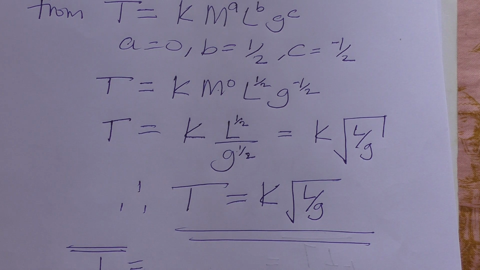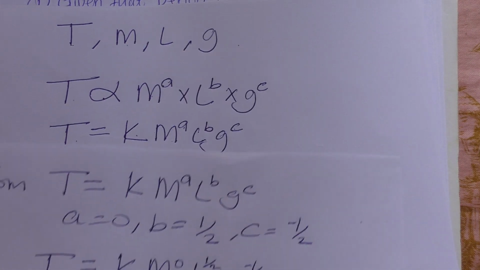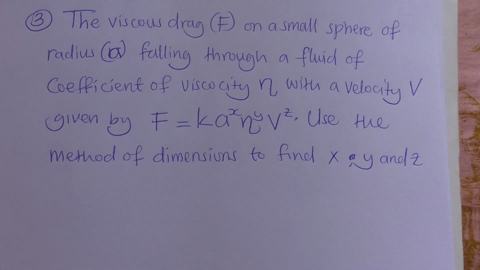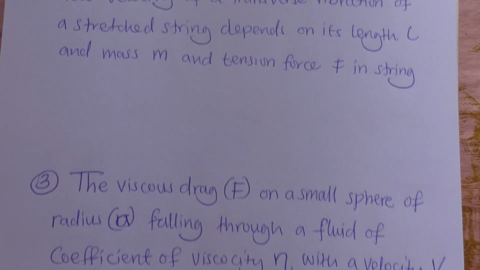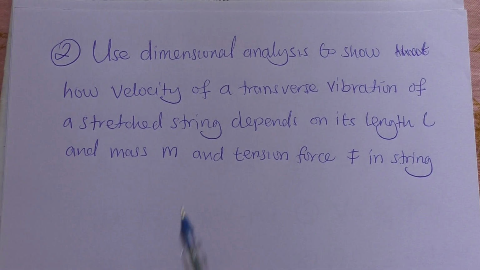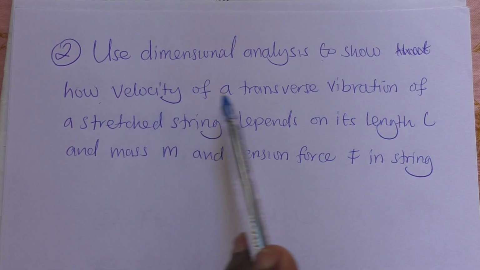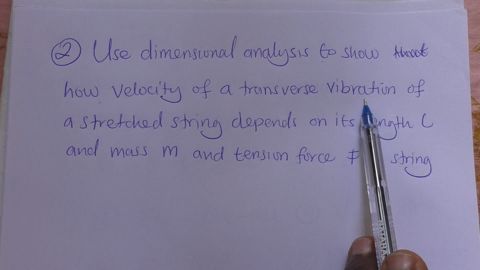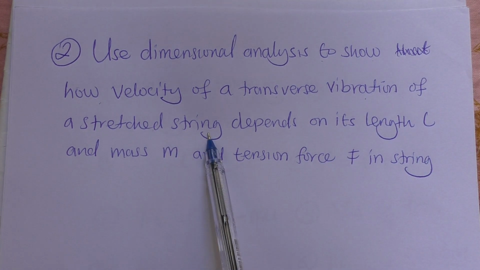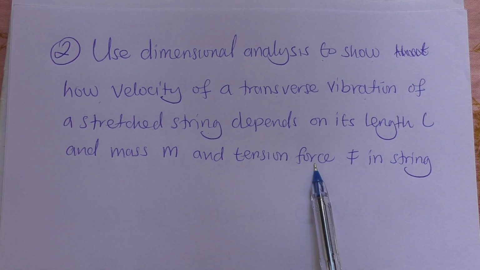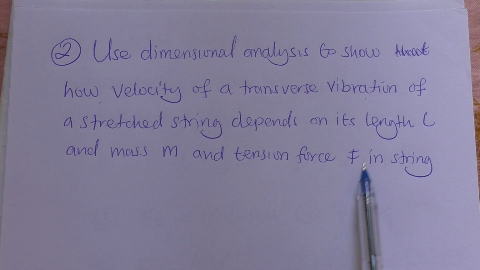So that is how we derive equations using dimensional analysis. Please, I beg you to also try out. We have examples. We have example 2, which says use dimensional analysis to show how velocity of a transverse vibration of a stretched string depends on its length and mass and tensional force F in the string.